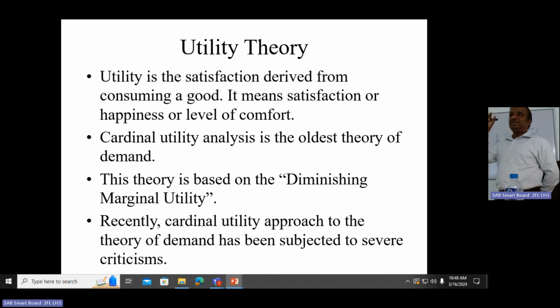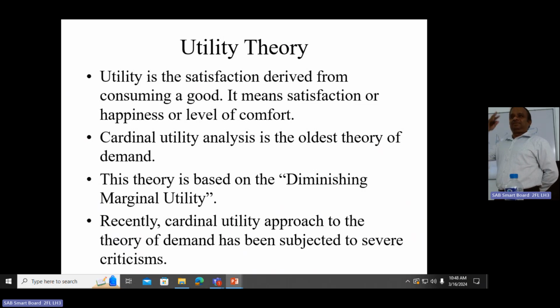But the marginal utility, that is, the extra satisfaction from consuming an extra unit, always diminishes, from the first cup of tea onwards. If you are given orange juice, at the first orange juice you get satisfaction.